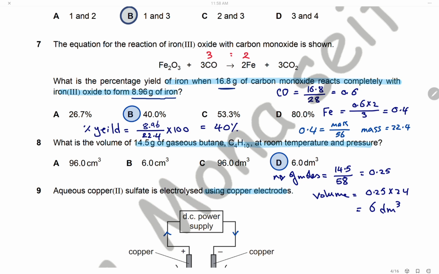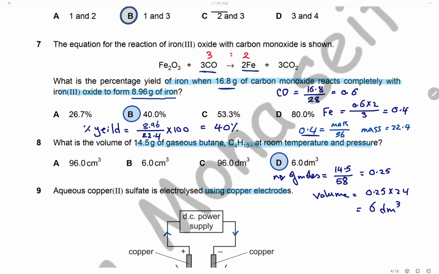First, we will calculate the number of moles of carbon monoxide, which will be the mass, 16.8, divided by the molar mass of carbon monoxide, which is 28. So now we have the number of moles of carbon monoxide, which is 0.6. Then we'll make the ratio to the number of moles of iron. The ratio is 3 to 2. So we can calculate the number of moles of iron, which will be 0.4.